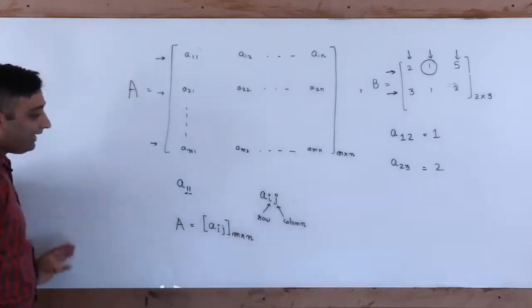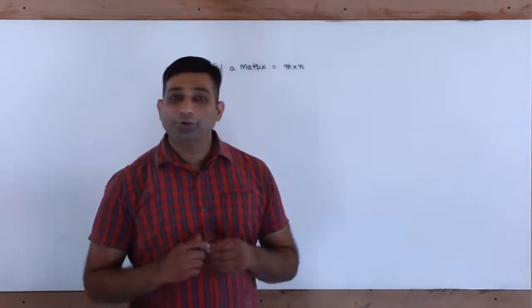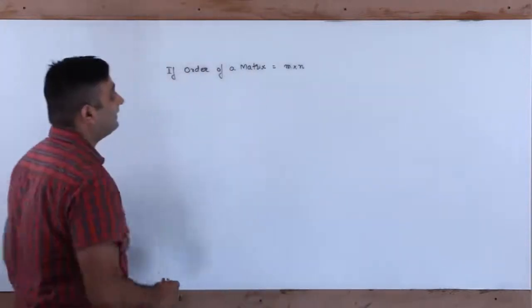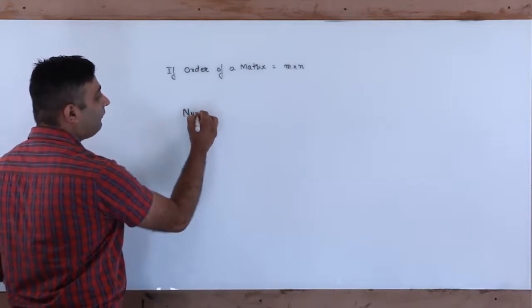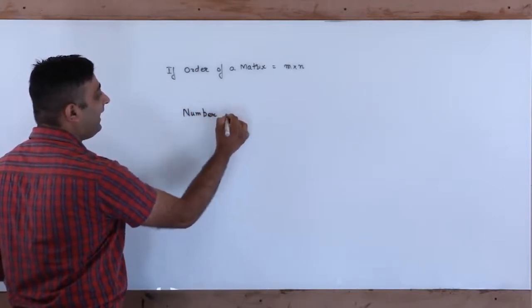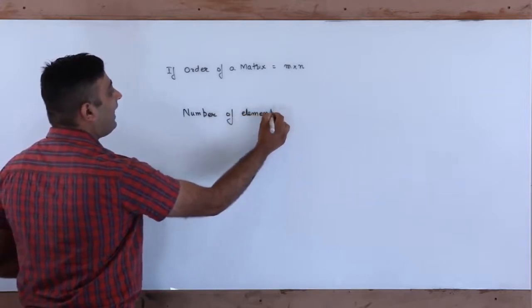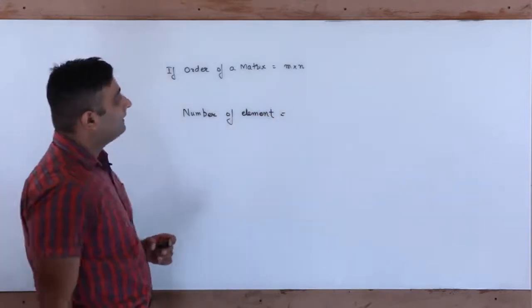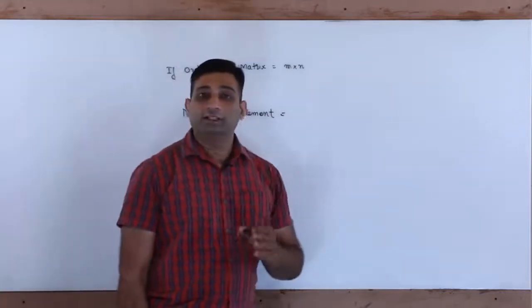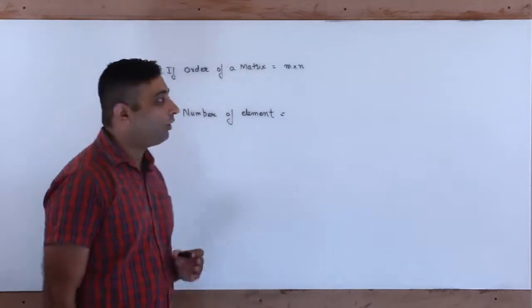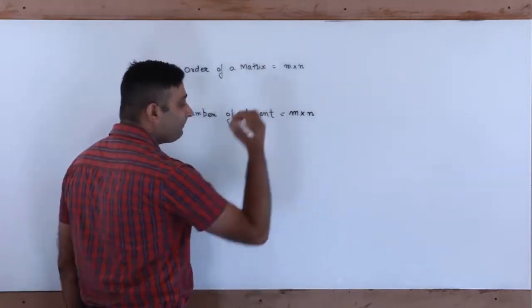So, we can write any matrix in this form. Dear students, if we know the order of a given matrix, then we can always find the number of elements of that matrix. We will multiply the number of rows and the number of columns. This will give us the number of elements of that matrix. So, the number of elements is m multiplied by n.